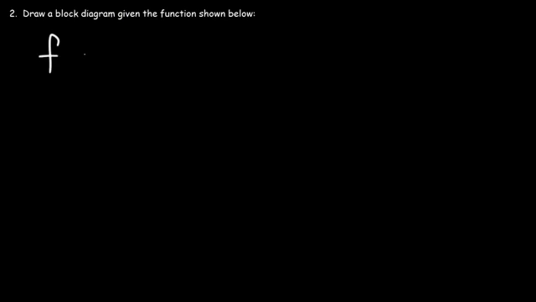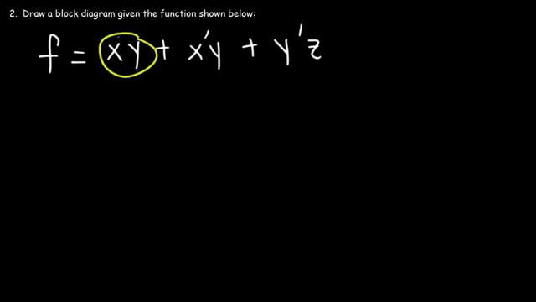Here's another function. Let's say we have f is equal to xy plus x prime y plus y prime z. So go ahead and draw a block diagram for that given function. So notice that here we have what is called a product term. So we're going to use an AND function for this product term.